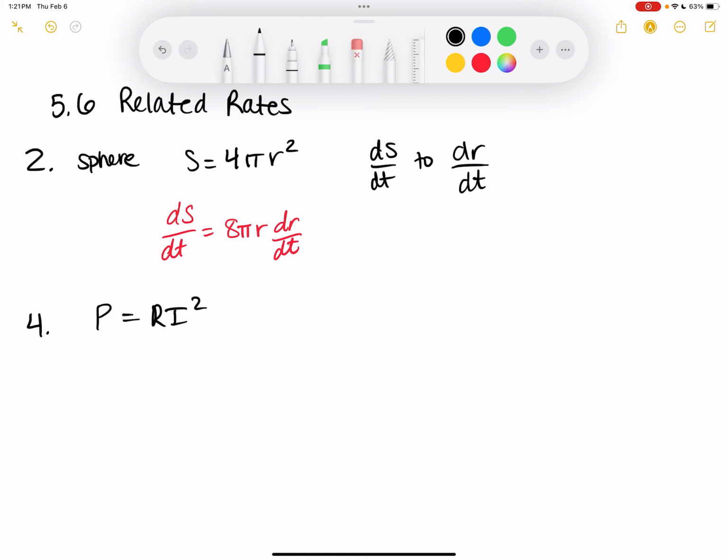Power equals resistance times current squared. Part A, how is dp dt every time related to dr dt and di dt?